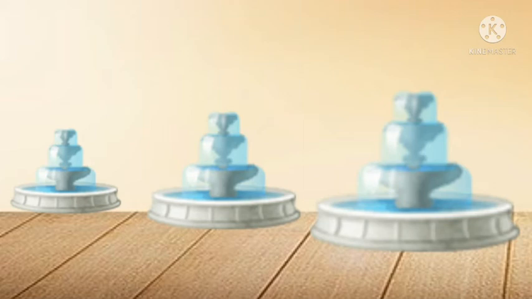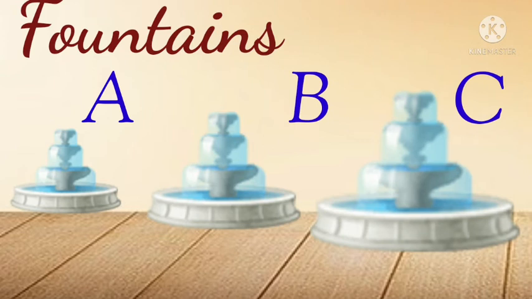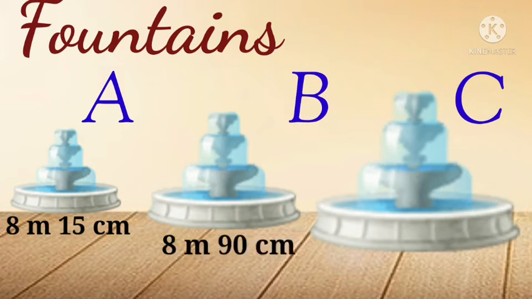Now, let's take another example. Here are the pictures of three fountains: Fountain A, Fountain B and Fountain C. You are looking at them at a distance. The first fountain is 8 meters and 15 centimeters high. The fountain B is 8 meters and 90 centimeters high, and the fountain C is 8 meters and 75 centimeters high.